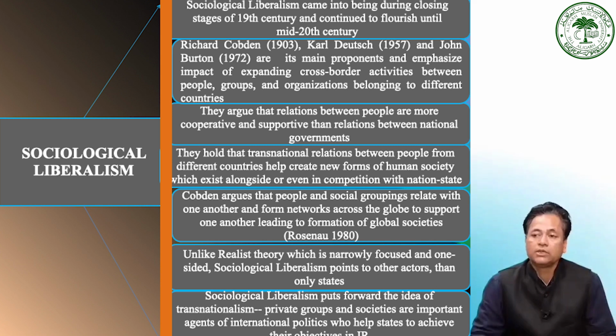So basically it was Cobden's argument that people from different countries form groupings that are related to each other, and they also form networks that support these people during different periods of time, and they are not limited to their own countries only. Sometimes they were raising issues beyond their borders, beyond their own countries. It can lead to the formation of what Rosenau calls the global society.